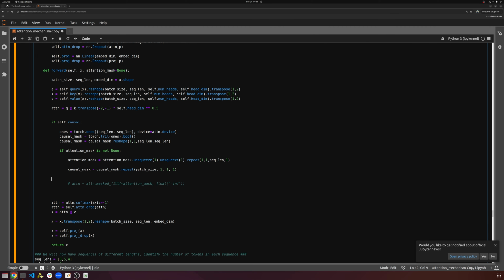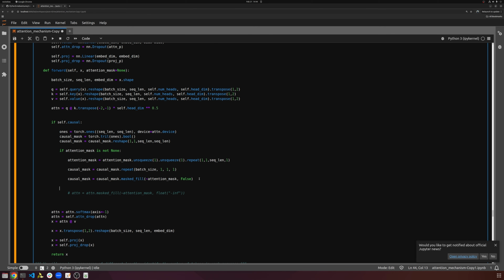Then our final causal mask is going to be causal mask.masked_fill. We'll just invert the attention mask just like we did before, and stick in a false, because remember, this attention mask is already a Boolean. So we'll just fill it with a false, and we're good to go. So print causal mask.